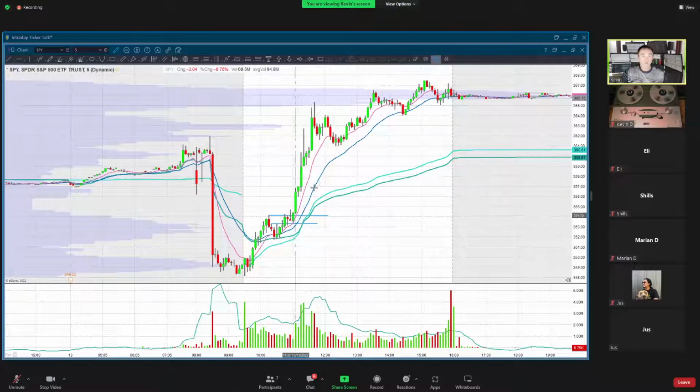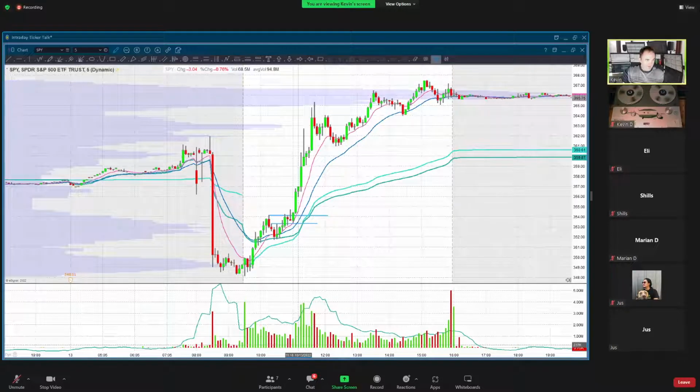Oftentimes, one VWAP will dominate the other, which is really quite interesting. Maybe traders using that regular trading hours VWAP are doing more volume, or they're just more aggressive traders, and you'll find that price bounces off of that VWAP instead of the other one. So that's why I have both of those on there.